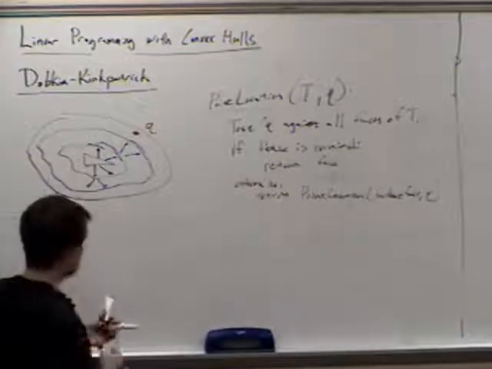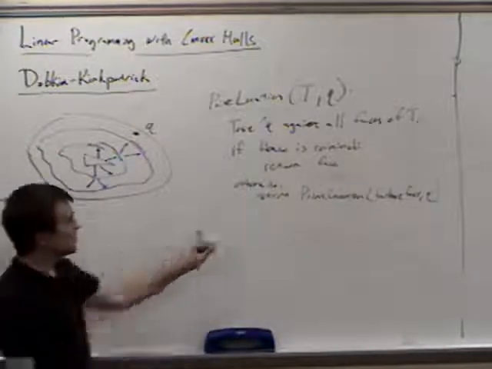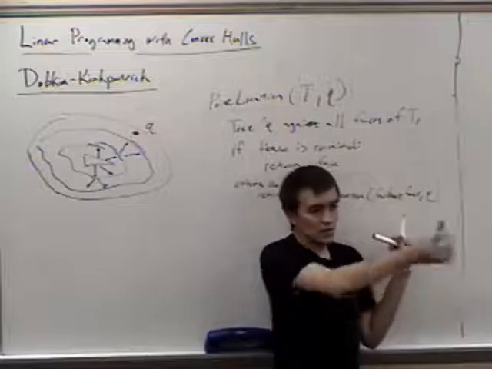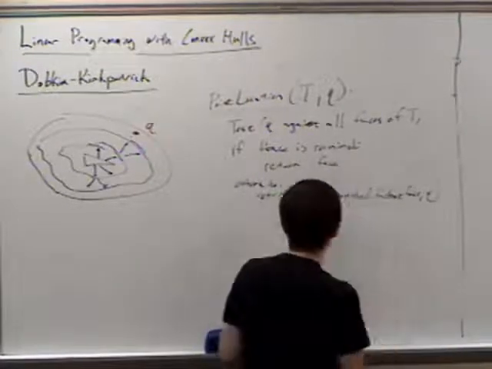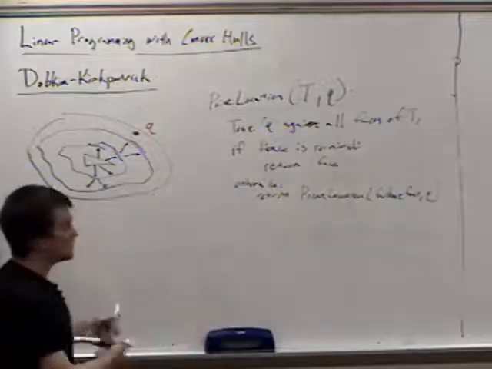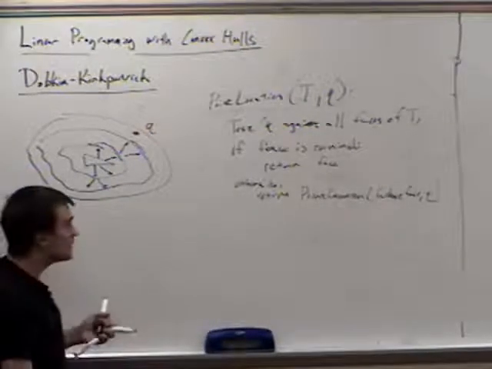So the cost of this is basically proportional to the number of these additional faces that we have to search out when we do the subtriangulation. And the number of these additional faces that we search is going to be proportional to the degree of the vertex that was deleted.